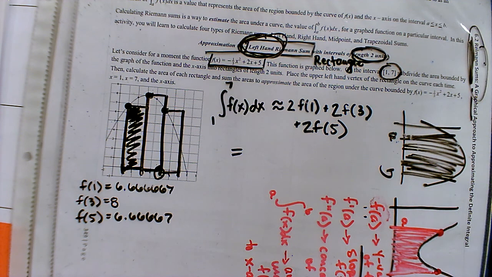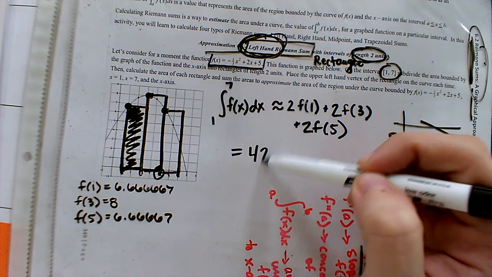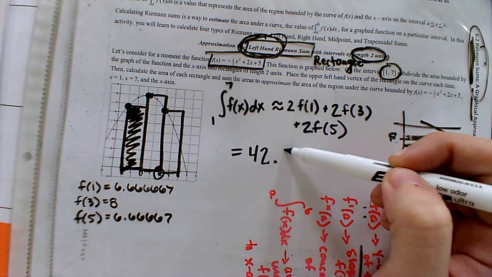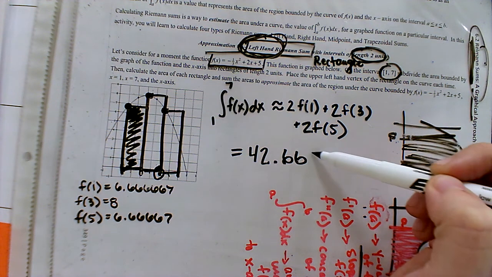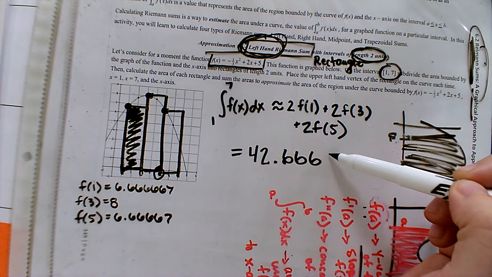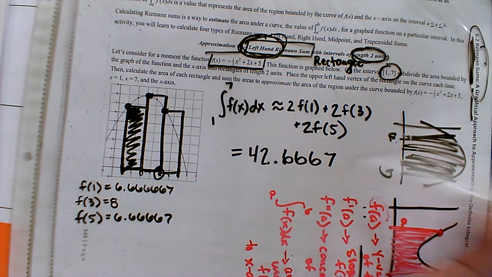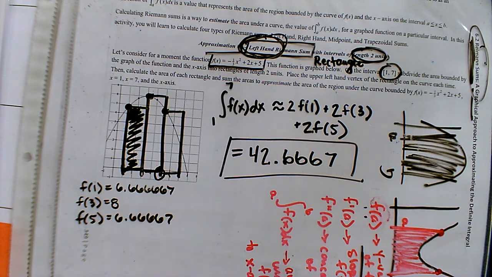Any luck? 42 point 6 6 6, fourth decimal place 7. Okay, chop it 6, round to 7, either one. Okay, so there's our approximated area.